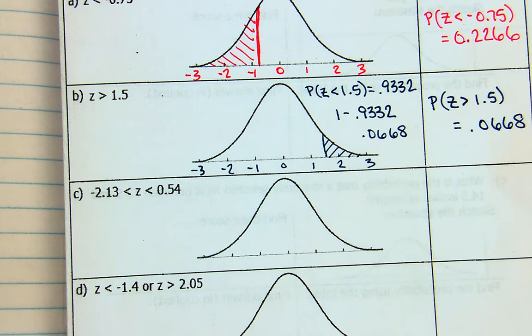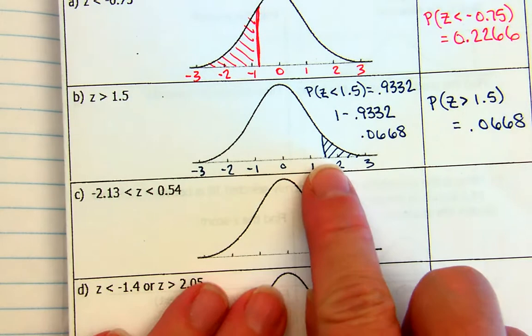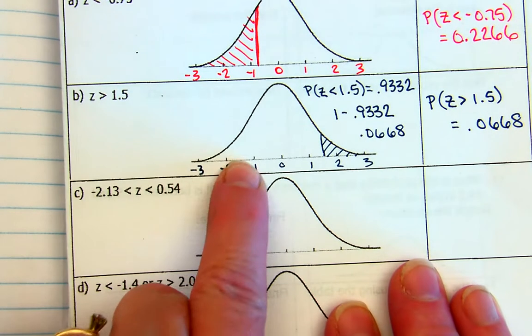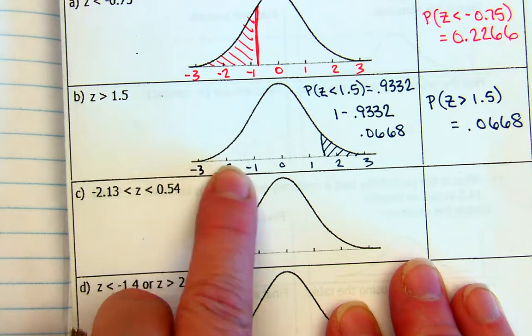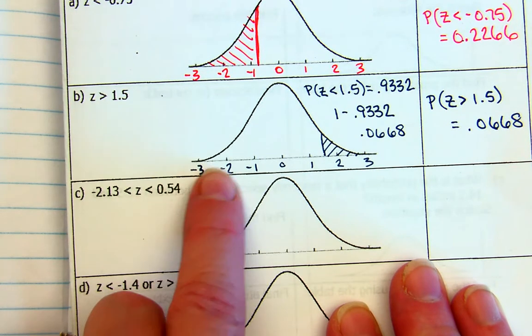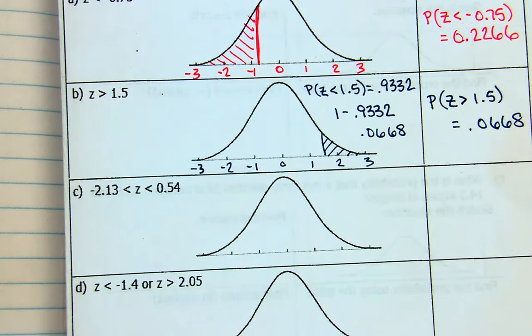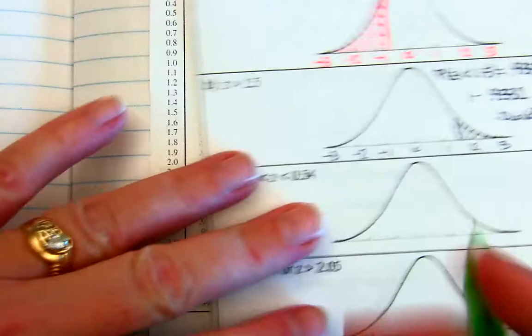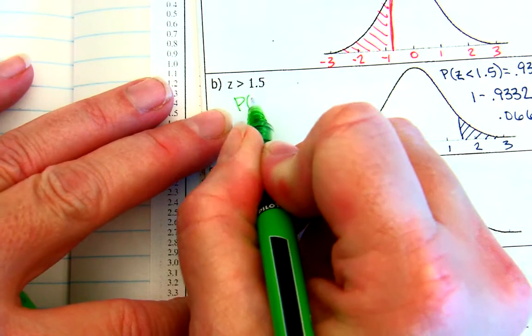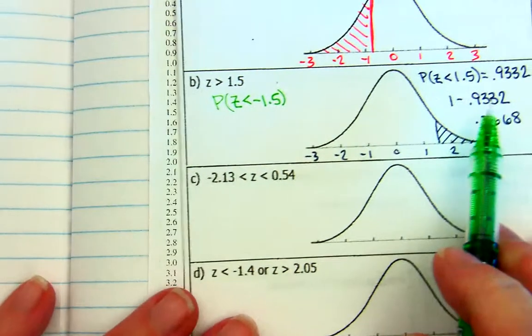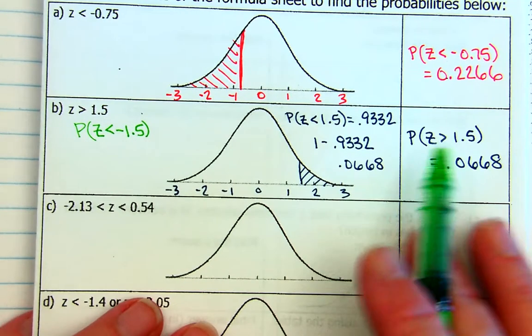So that means the probability of it being greater than 1.5 is equal to the probability of it being less than negative 1.5. The area over here is the same as the area over here. So I could have looked at the probability z is less than negative 1.5, and that's the same as this.